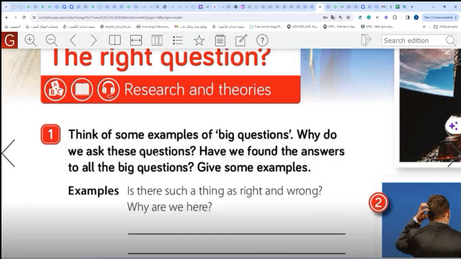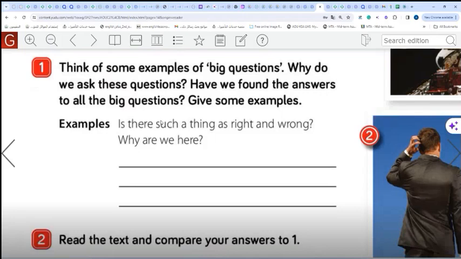There are still angels, هناك ملائكة, and even devils, وشياطين, etc. Okay, dear students, have we found the answers to all the big questions? هل وجدنا الإجابات على جميع الأسئلة الكبيرة؟ No. So there are still some questions that need to be answered. Thank you so much, dear students.